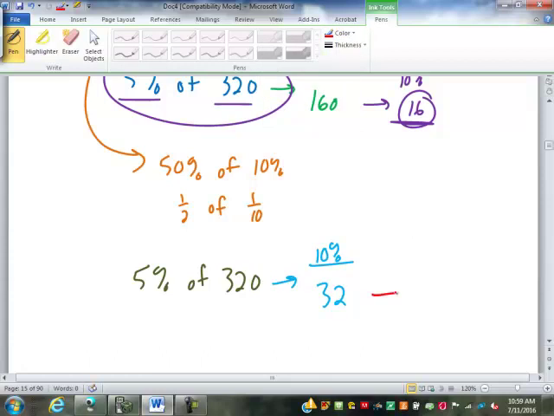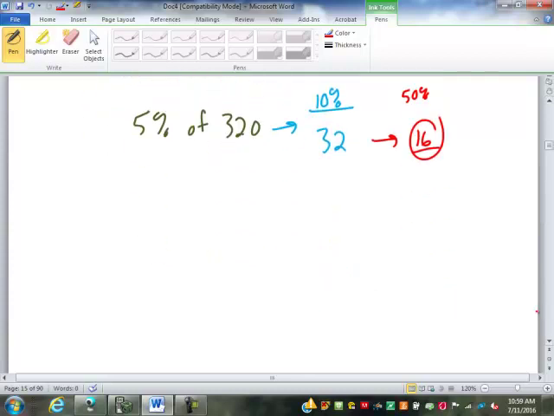And of that, I could look at 50%, or 1/2, which is 16. Notice I got 16 either way. So even when I'm using these benchmarks, there are several ways to break things down, depending on what patterns work for you.